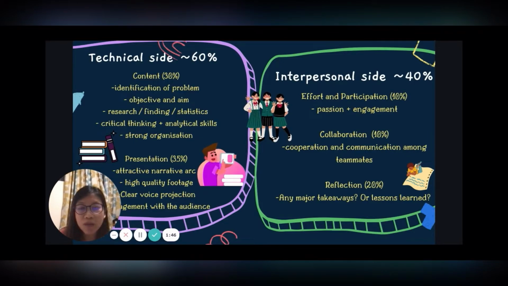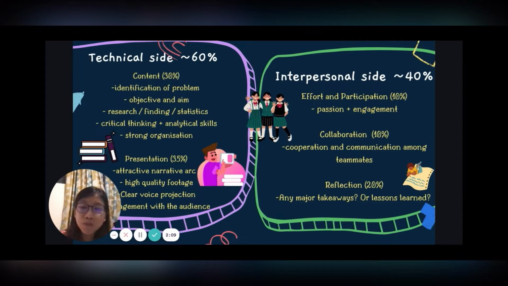Meanwhile, you also need to have an attractive narrative arc, high quality footage, clear voice projection, and audience engagement. Don't just read off a script. Make sure you have decent interaction with the audience. Even though you're doing it in the format of a video, make sure you're talking from the bottom of your soul.